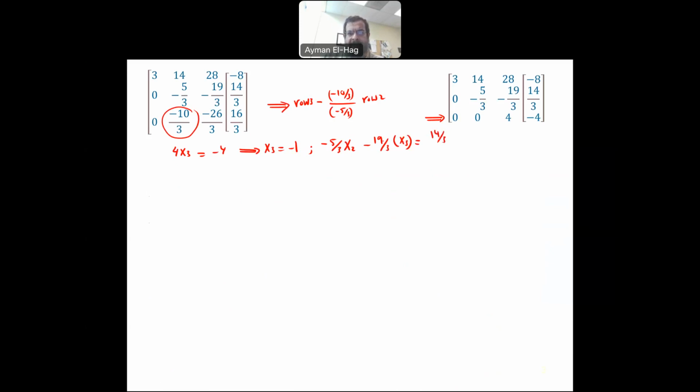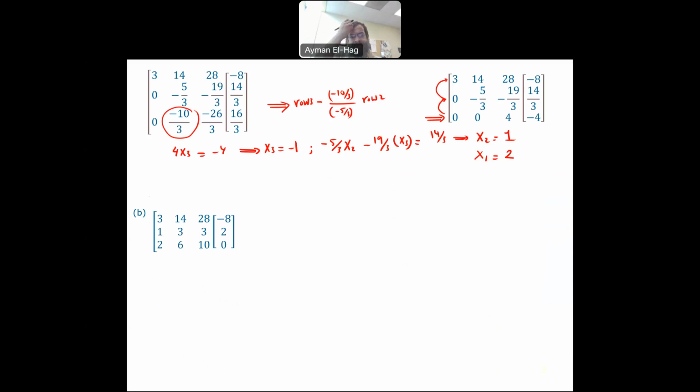Now we know x3, so from this, your x2 will be equal to 1. And then we go for the first row. We go from the third to the second, and then to the first, and every time we have only one unknown. If you solve for this, you will find that your x1 is equal to 2. So that is the first part.